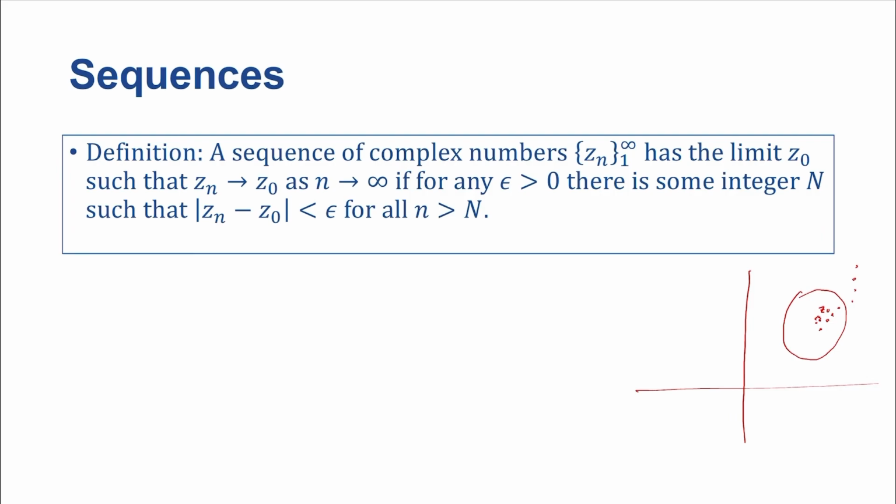This means that each term, z sub n, for little n bigger than big N, will lie in some open disk of radius epsilon around z naught. That's essentially what this epsilon idea means.